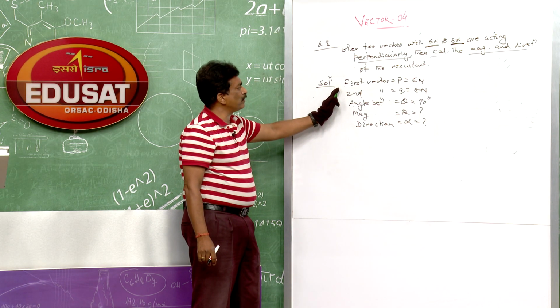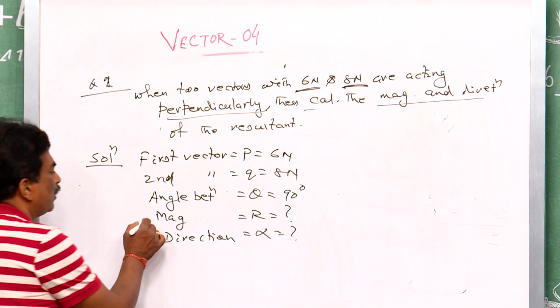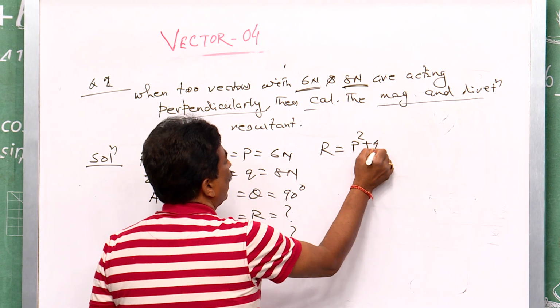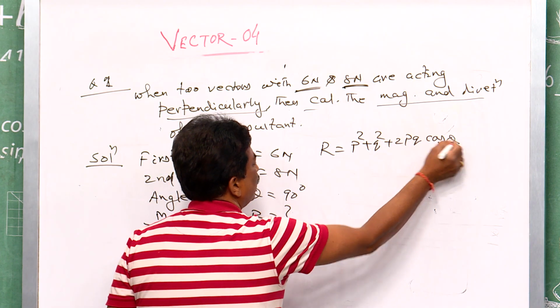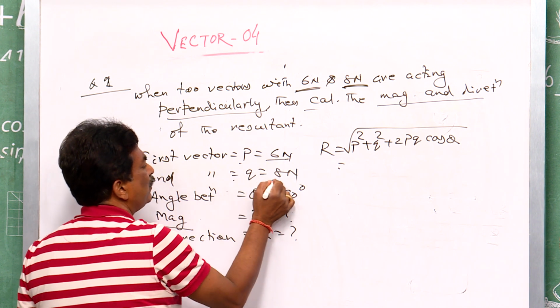After knowing the known data and the asking data, you have to put the formula. For the magnitude, what is the formula? R is equal to root over p square plus q square plus 2pq cos theta. P value is 6, q value is 8.